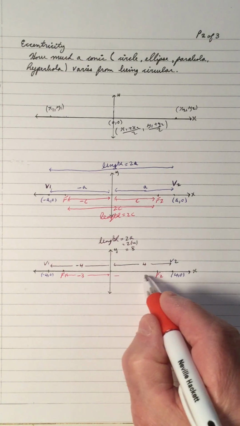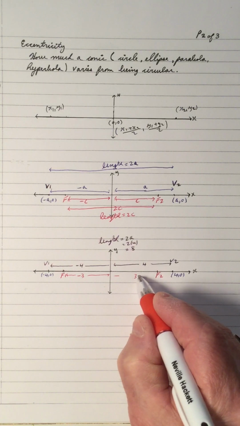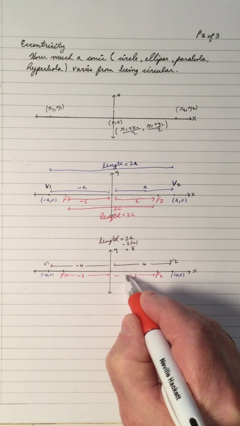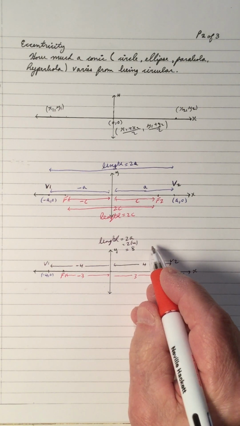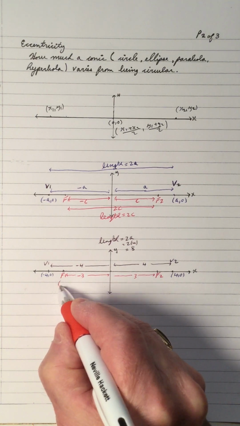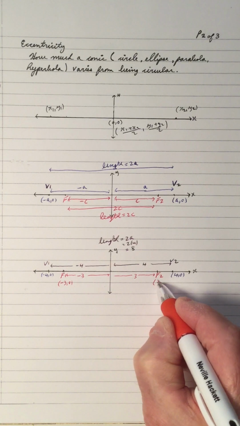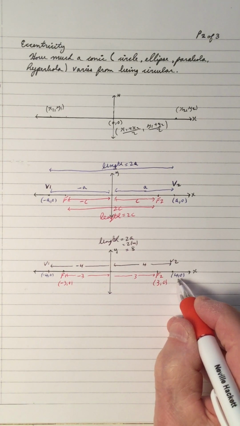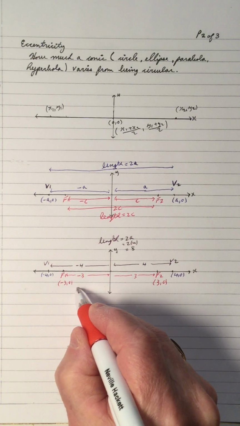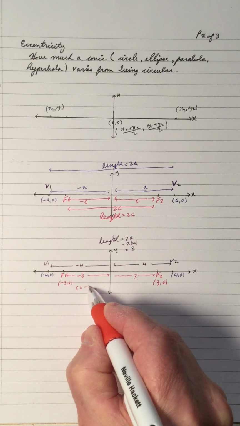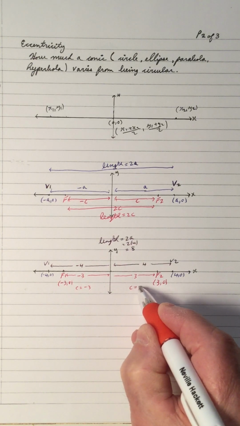I could have any value, but I elected to take a 3 because 3 is less than 4. So that means that the coordinates of this point right here is negative 3, 0. The coordinates of this point is 3, 0. So C right here is negative 3, and C right here is 3.